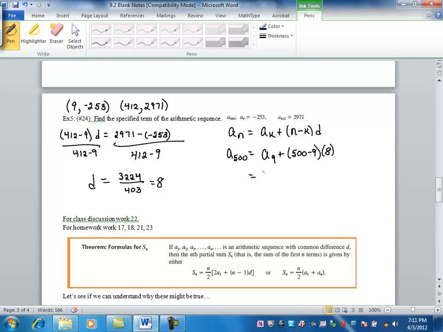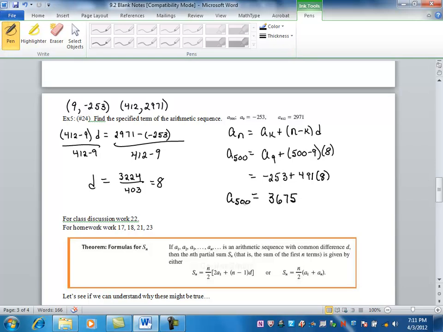Alright, so a sub 9 is negative 253 plus 491 times 8. And so this gives us 3675 for my 500th term. My goodness, wasn't that exciting?